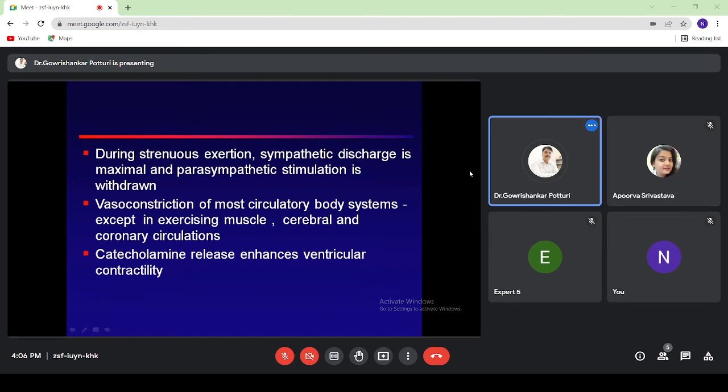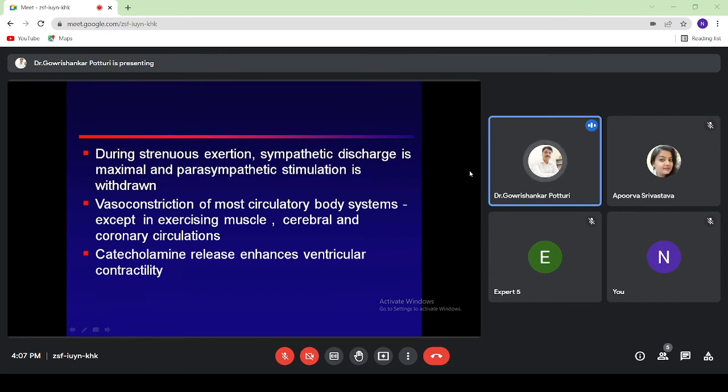So there is vasoconstriction of most circulatory body systems except in the exercising muscle, cerebral and coronary circulations. So whenever the exercise limits are high, there will be vasoconstriction in the other circulation, hepatoportal circulation, pulmonary circulation, everywhere. Only the exercising muscles, cerebral brain and coronary circulation to the heart are vasodilated.